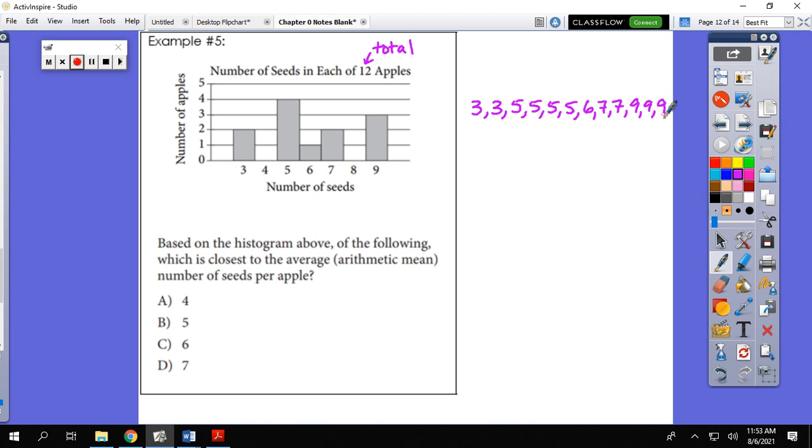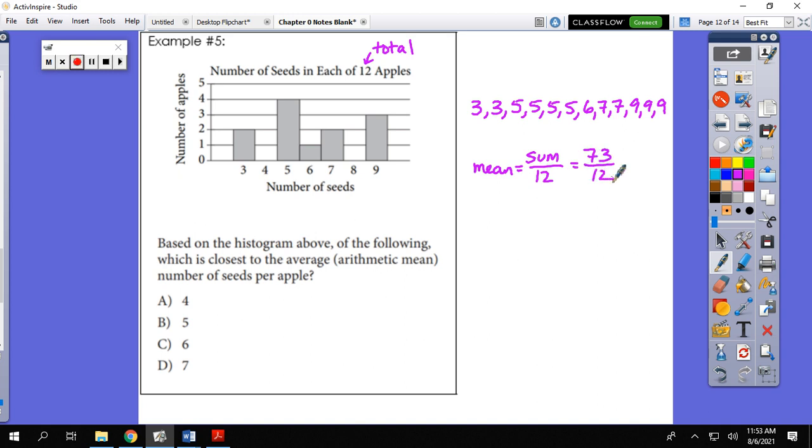9s. Okay, so we're going to start by adding those up, which would be, let me grab a calculator to make sure I don't mess it up. We would add those up. That is a total of 73. And we would divide that by 12.